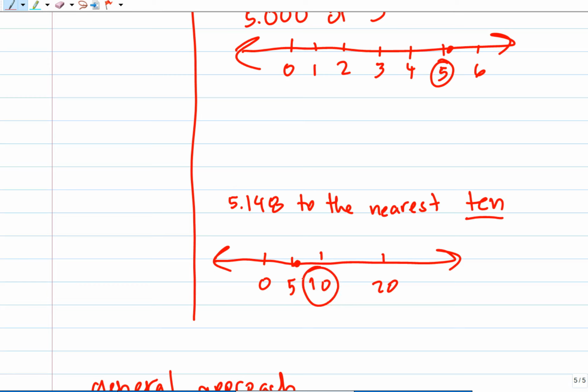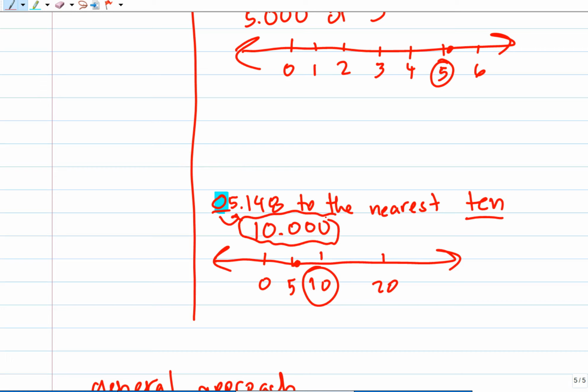This one's a little weird because if I do the nearest 10, this has nothing in the tens place. If you want to think about it, it's like there are 0 tens, right? But the number after it is a 5, which means it's between 5 and 9. We round that up. So the 0 rounds up to a 1, and everything after it rounds off.